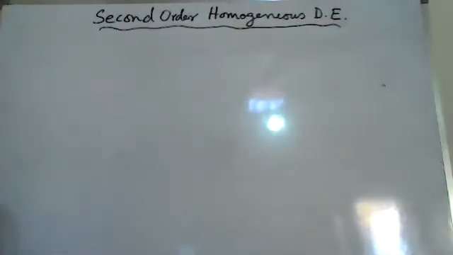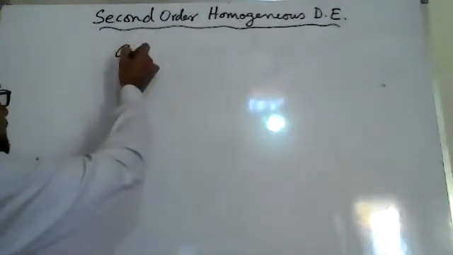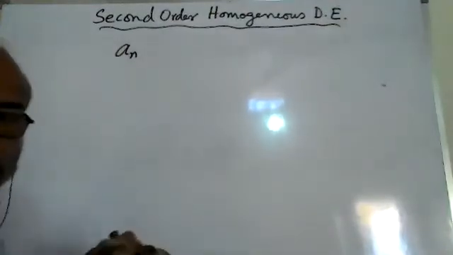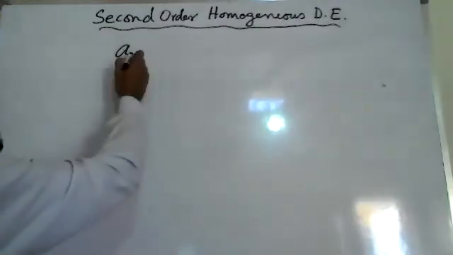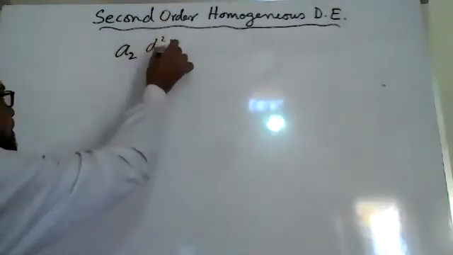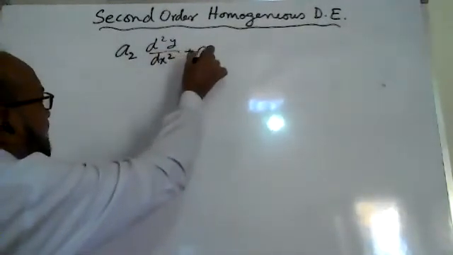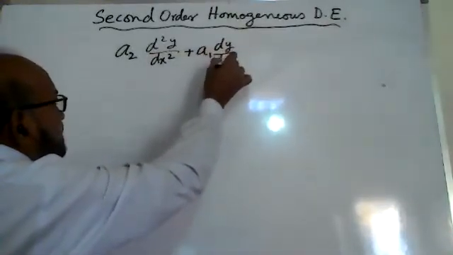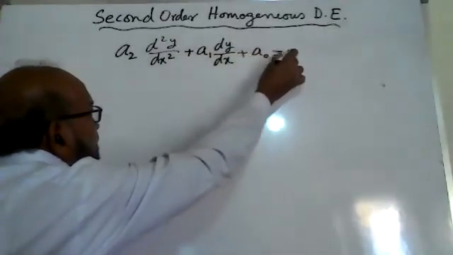So such type of equations are called second order differential equations. Because we are doing only the second order: A2 d2y upon dx square plus A1 dy upon dx plus A naught y equal to 0.